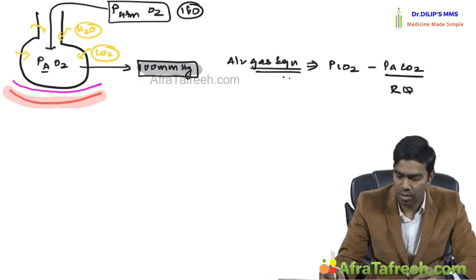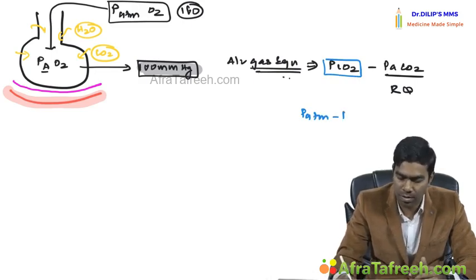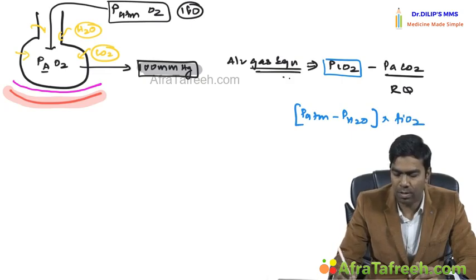We already saw the partial pressure of inspired oxygen. You can get it by the formula: atmospheric pressure minus water vapor pressure, multiplied by the fraction of inspired oxygen.